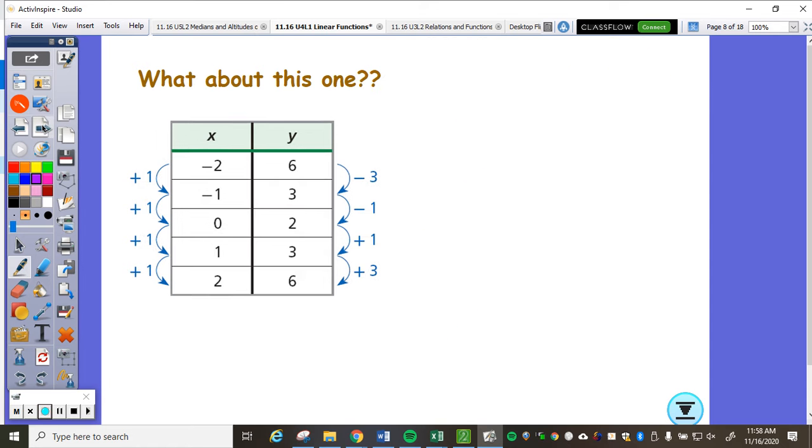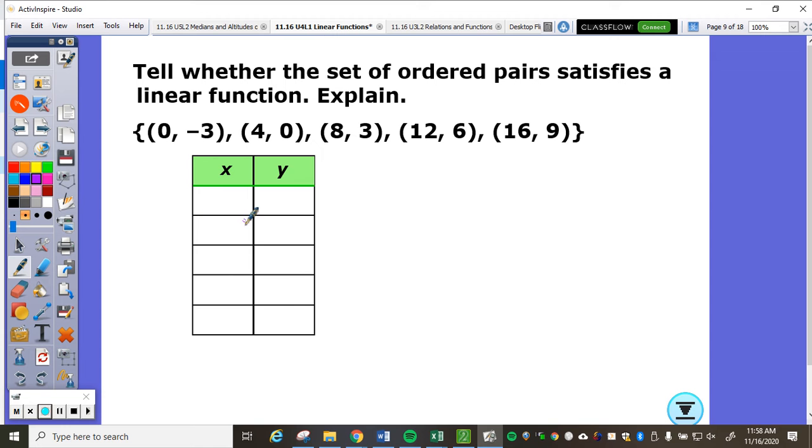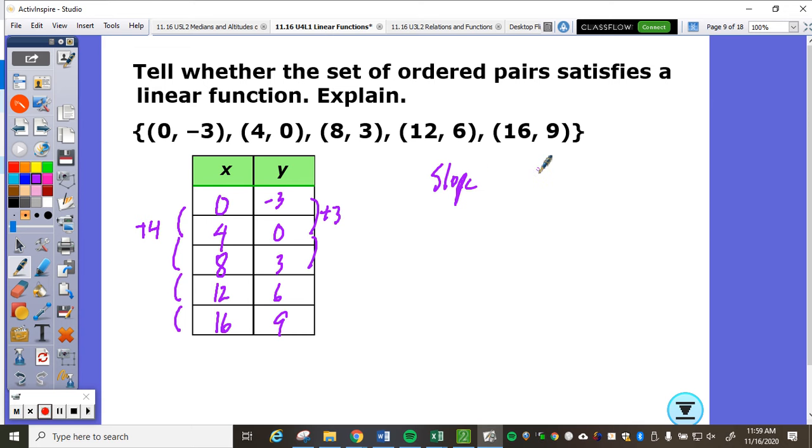If this was not linear, so I want you to fill this table out. I want you to tell me whether or not it is a linear function or not. Is this a linear function or not? It is, okay? Because our change in x, each time, we're doing what? Adding 4. And our change in y each time is what? Adding 3. What's my slope? 3/4. Okay?